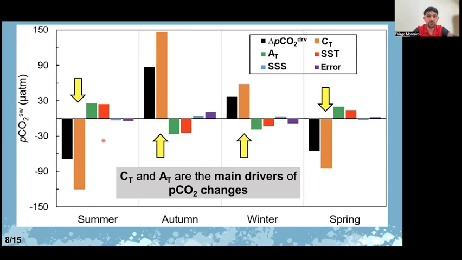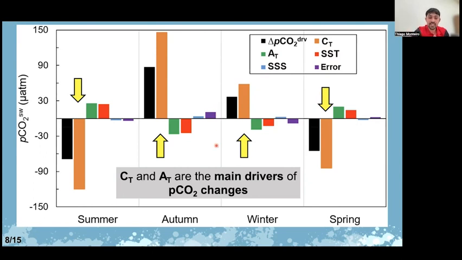The same is done for each driver: the total alkalinity in the green bars, sea surface salinity in blue bars, dissolved inorganic carbon in orange, and in red, the sea surface temperature. And in purple is the error of this analysis, the uncertainty.